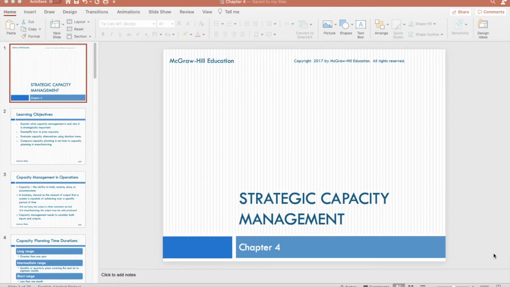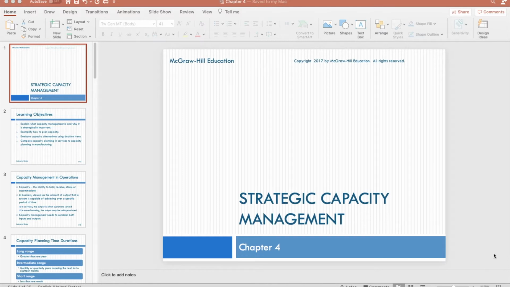Basically, even if you have a very accurate forecast of market demand, and even if you have a very precise and sophisticated inventory management procedure, it doesn't mean that your operations management will be efficient and effective.